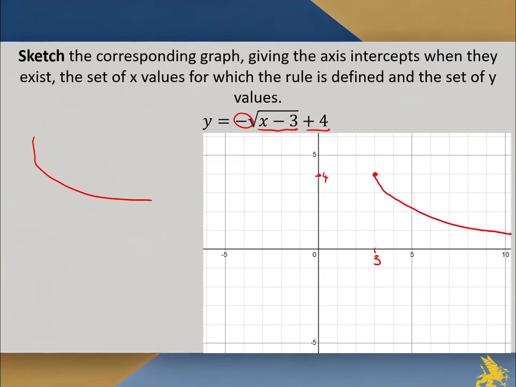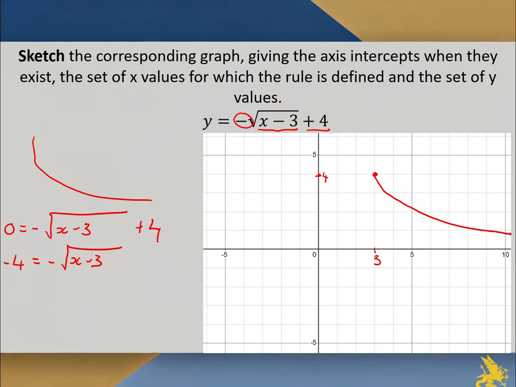Now to find an x-intercept, we need to make y 0. So all I'm doing is going 0 is equal to negative square root x minus 3 plus 4, and I'm just going to solve this. The first thing I'm going to do is take away 4 on both sides. That gives me negative 4 is equal to negative square root x minus 3.